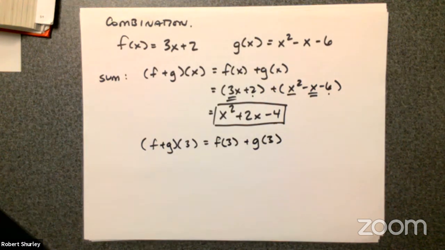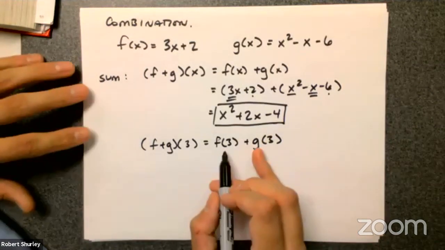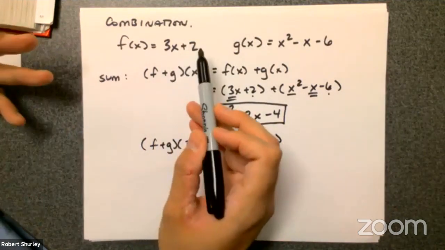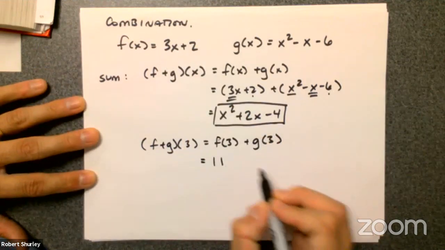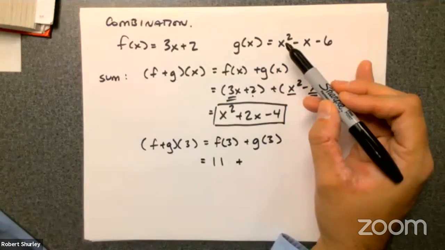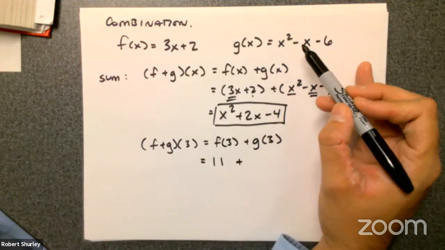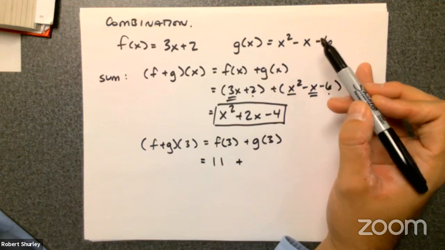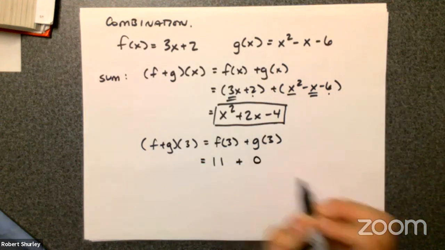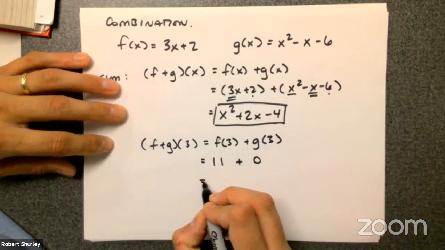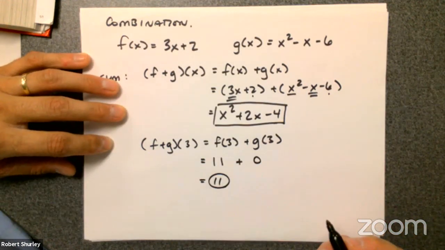Well, f of 3, if I plug 3 into here, it's pretty easy. 3 times 3 is 9, plus 2 is 11, right? Now, if I plug 3 into this trinomial, 3 squared is 9, minus 3 would be 6, minus 6 would be 0. So actually, it turns out to be 11 plus 0. So 11 plus 0, that's just 11, okay?